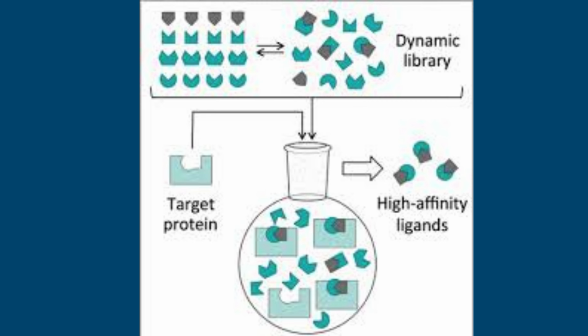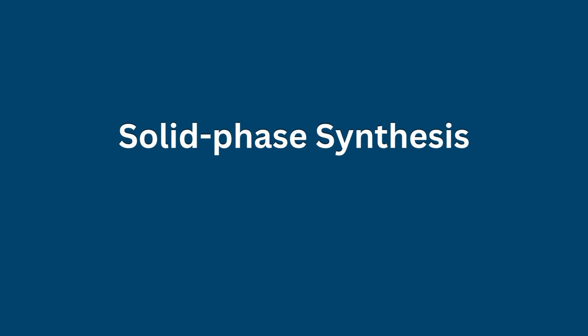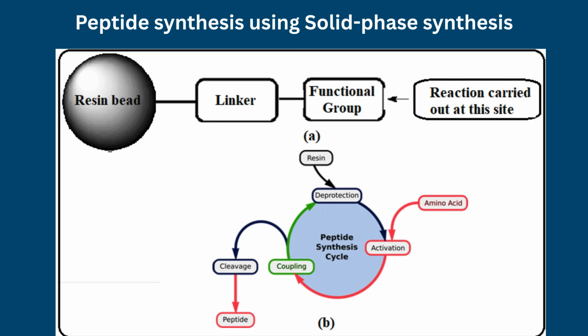At the core of combinatorial chemistry are several complementary synthetic methodologies. Solid-phase synthesis remains one of the most widely used approaches, in which reactants are covalently attached to polymeric supports such as cross-linked polystyrene beads and transformed through successive reaction cycles. The presence of a linker between the substrate and the support ensures stability during synthesis and controlled cleavage of the final product.